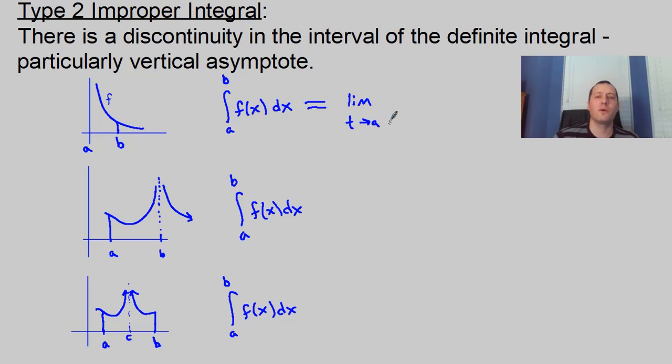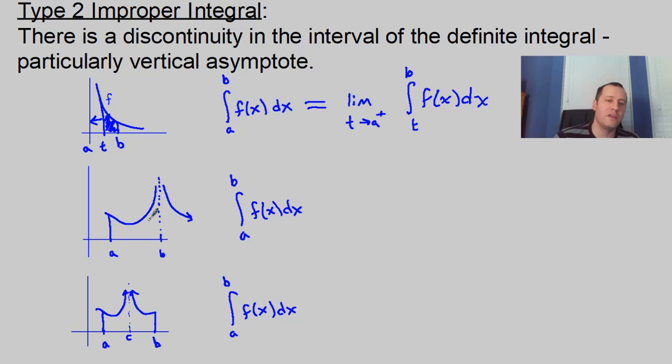The limit as t approaches a, and since we're looking at the area under the curve here, let's call this t. t is going to approach a from the right side in this case. So the limit as t approaches a from the right of the integral from t to b of f of x dx. That's how we would define this case.